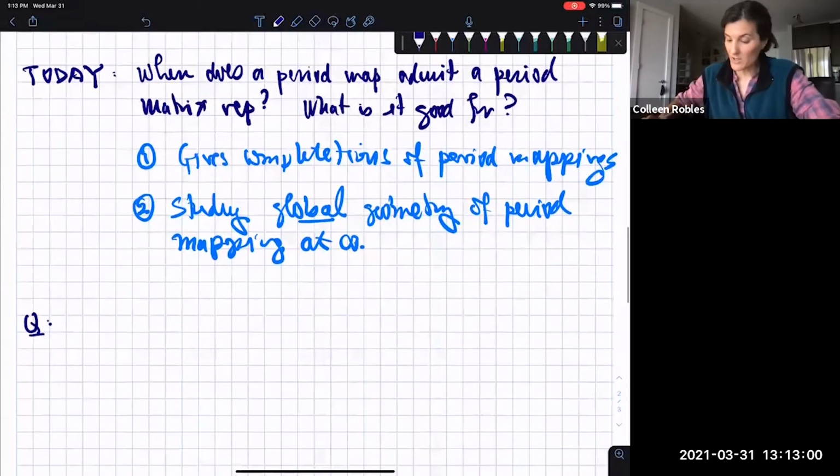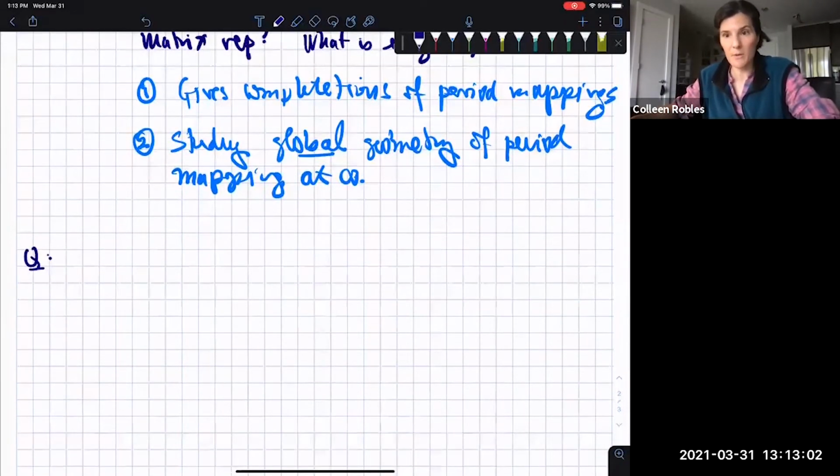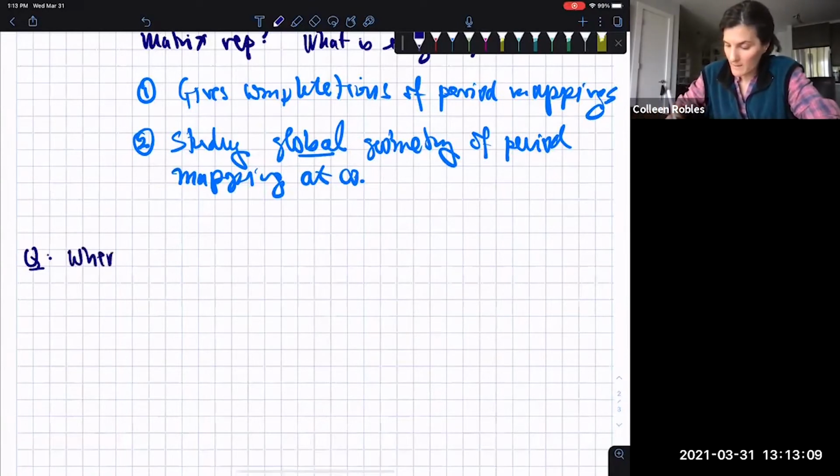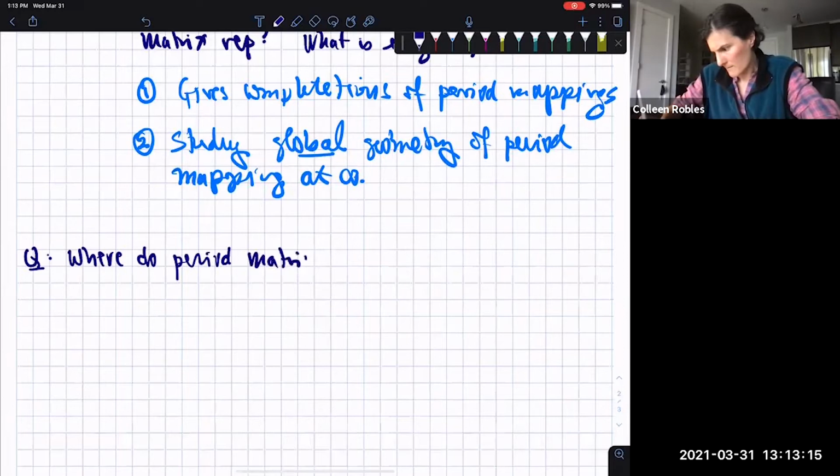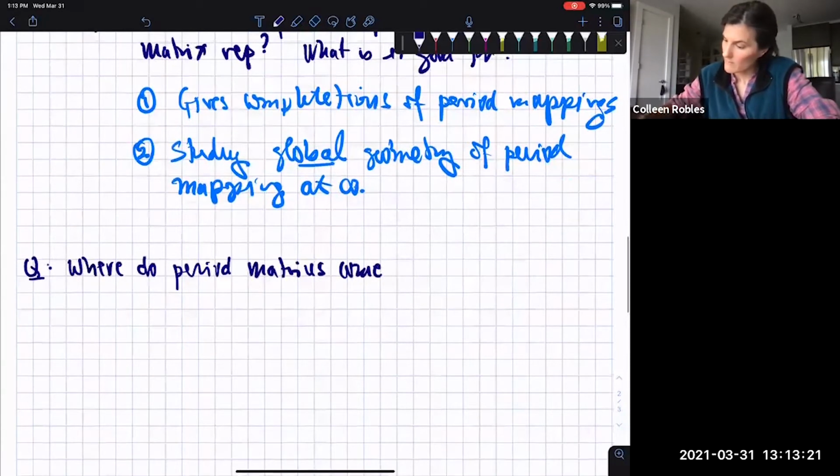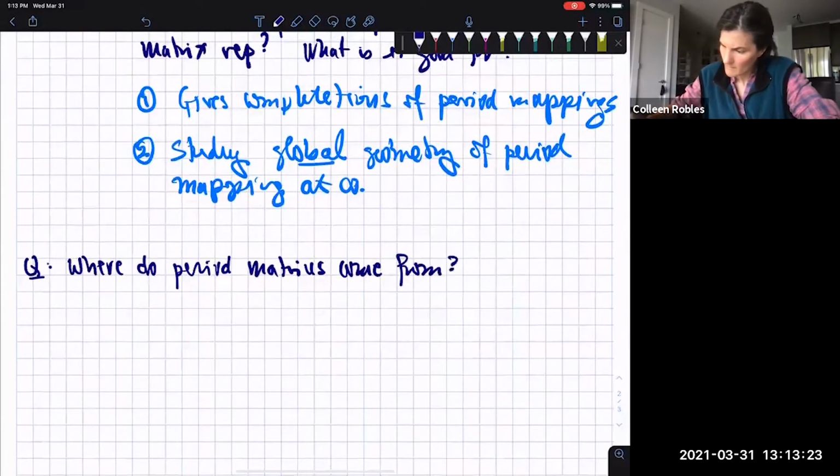So let me start with a question of perspective that I already alluded to when I mentioned Plucker coordinates, and that is, where do period matrices come from? Okay.